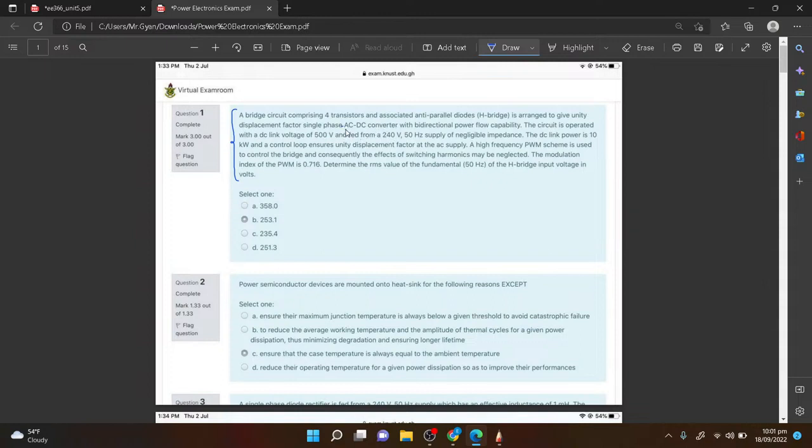Know that it's an AC-DC converter. So we're talking about an H bridge acting as a rectifier. That was the last thing we looked at.